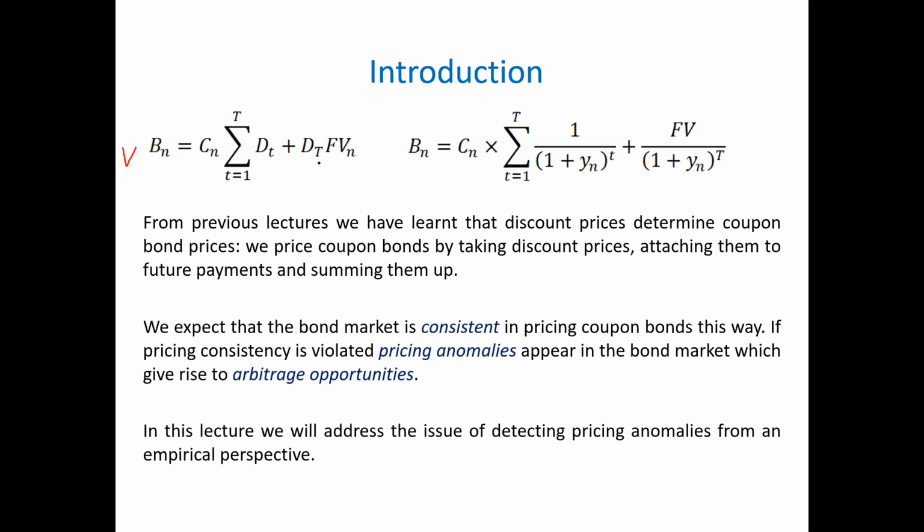So this is our first approach, which I call the linear approach, because here we have only linear operators. And this is our second approach, which I call the nonlinear approach, because here we have something nonlinear. For example, we raise to a power, and this is a nonlinear operator. So both these approaches can be used to value a coupon bond.